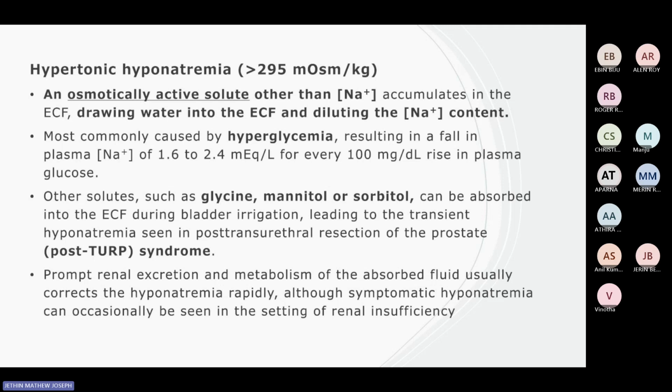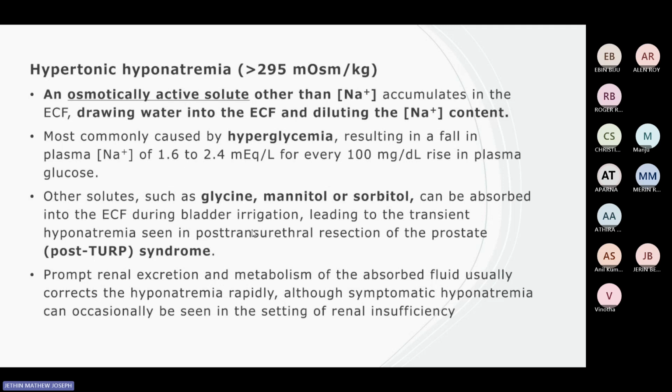This is most commonly caused by hyperglycemia. This is a rough measure of how much the sodium falls: plasma sodium can fall by about 1.6 to 2.4 for every 100 milligram per deciliter rise in plasma glucose. Other solutes can also cause this.